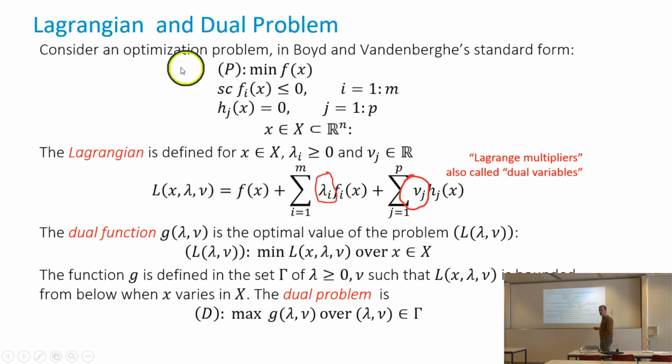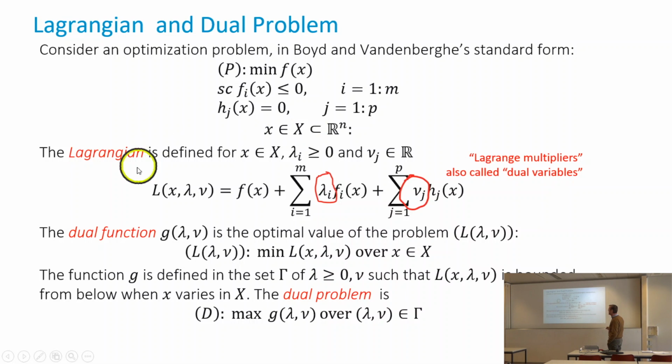Observe here that constraints can appear in two forms. They appear in those f and h. For some reason, Boyd and Vandenberghe don't use g, because we'll see g will come up somewhere later. f and h, but they also appear in X. I'm assuming X is a set which may also contain some constraints. So I differentiate between the constraints that I want to formulate as inequalities or equalities and those that I keep.